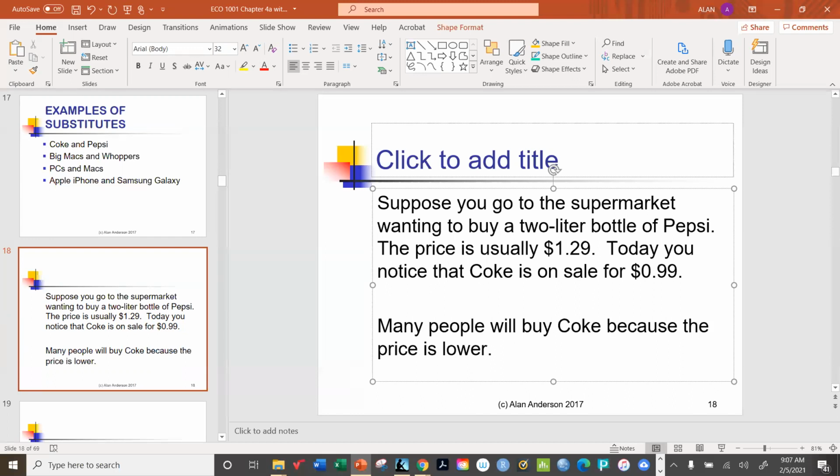And again, we know that they're not exactly the same, but for many people, it's almost like, well, they're more or less the same, aren't they? So I want to take advantage of this lower price. So therefore, when Coke goes on sale, I buy less Pepsi and more Coke.